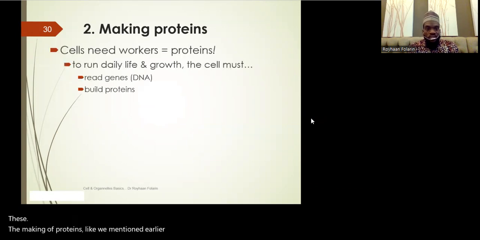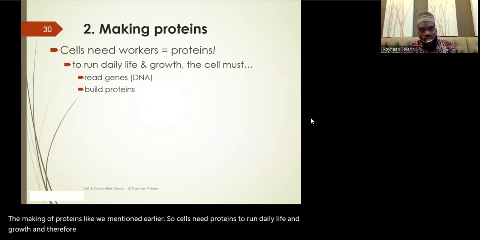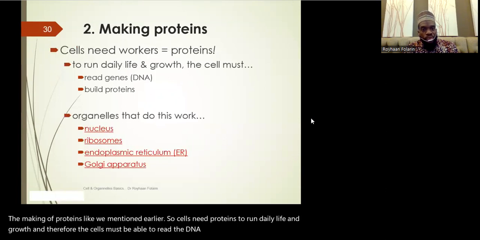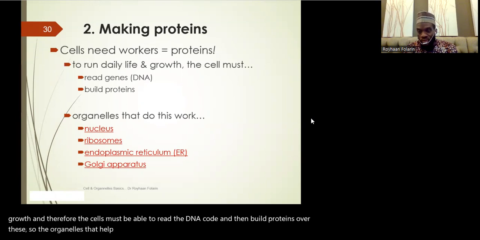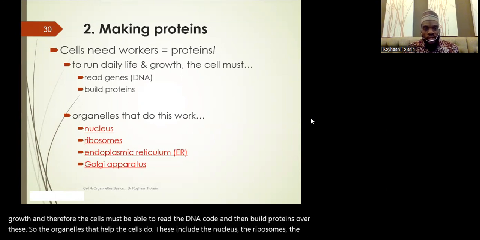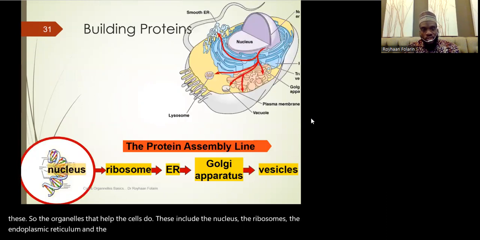So cells need proteins to run daily life and growth, and therefore the cells must be able to read the DNA code and then build proteins over this. So the organelles that help the cells do this include the nucleus, the ribosomes, the endoplasmic reticulum, and the Golgi apparatus. So that's also the sequence that it follows.